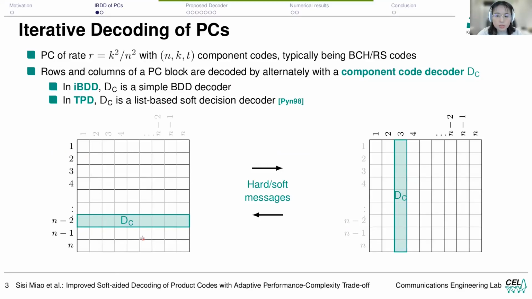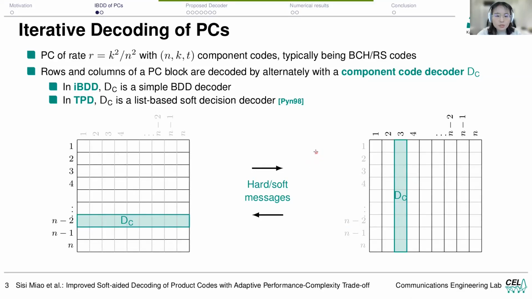Typically, we use the BCH or Reed-Solomon code. During the decoding, we first decode all the rows with the component code decoder, DC. Then we pass the updated values to the column decoders. Then all the columns are decoded, then the messages are passed back. So this is the iterative process.